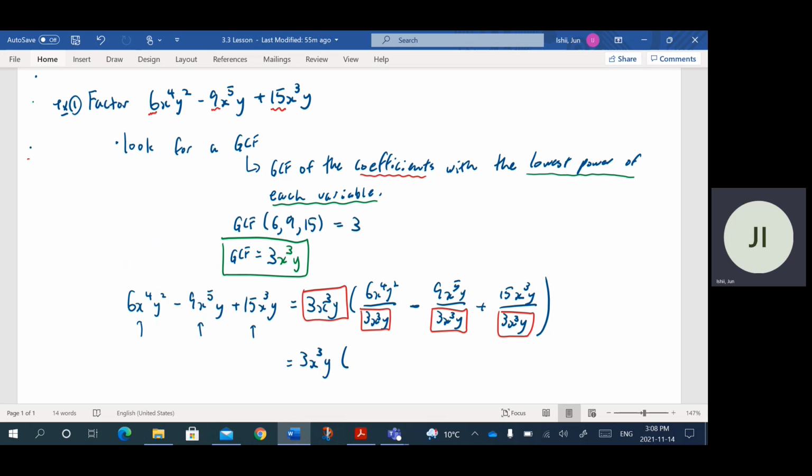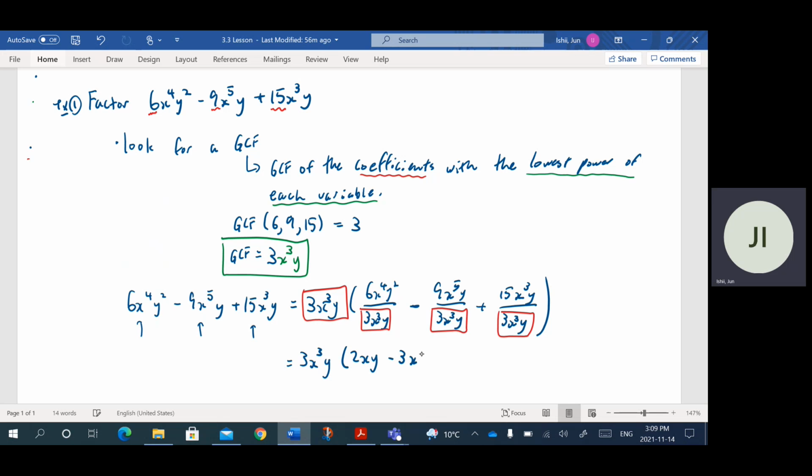All right, so let's try this again. So 3x cubed y is my GCF. All right, so 6 divided by 3 again is 2. X to the 4th divided by x cubed is just x. Y squared divided by y is y. Minus 9 divided by 3 is 3.